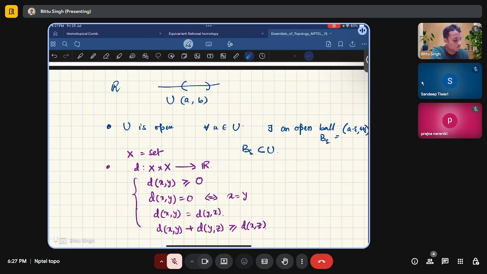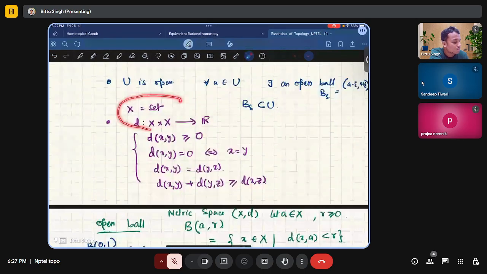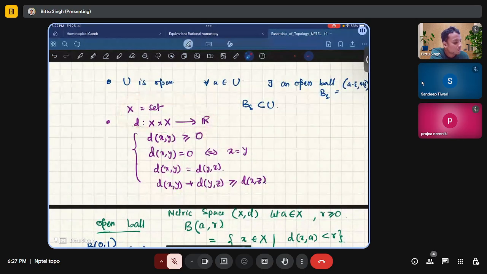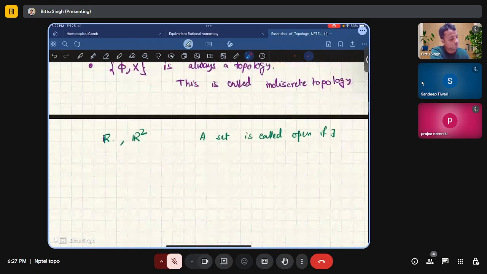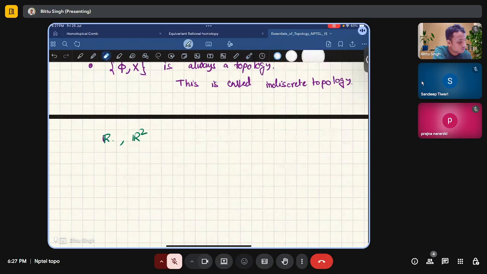Similarly, the topology generated by this metric: again, something is open if, instead of this open ball, we replace it with B(p, epsilon) or B(a, r). Then the topology generated by those open sets is called the metric topology. I'm not writing the definition again.